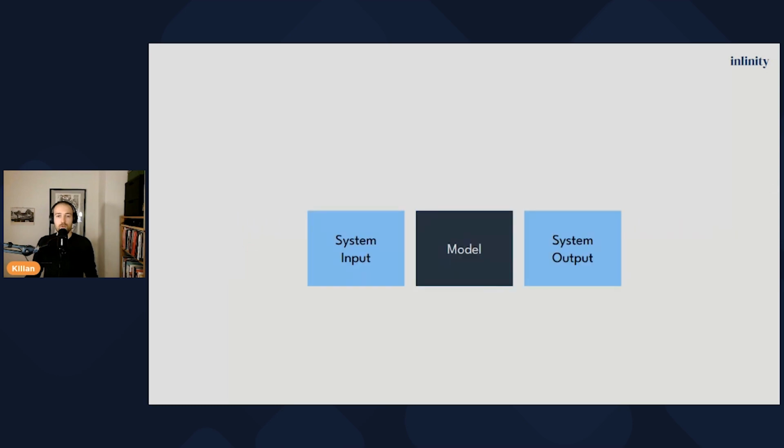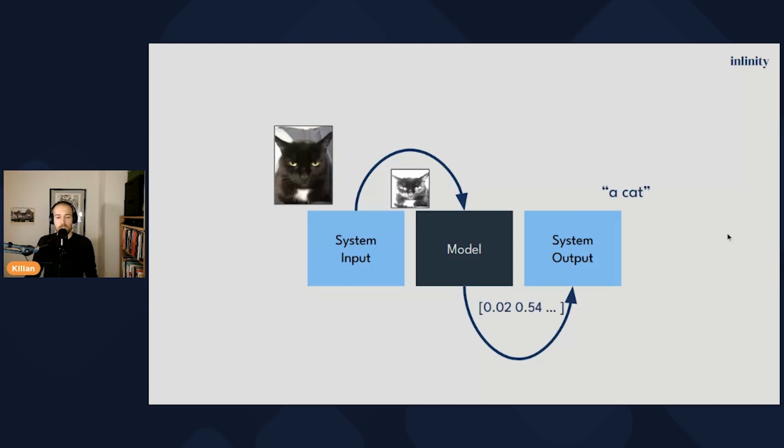So what you are usually looking at as a data scientist is the AI system that we also saw in the beginning. So you have your input, you do some pre-processing, and then you take whatever the model outputs, and then you do some post-processing and convert it into something which you then send to your downstream consumers. We can take the example of an image classifier. So you have this image of a cat, which is fed into the system.